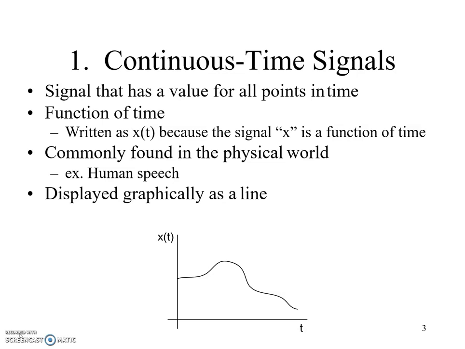If you see the graph, x of t is on the y-axis and time t is on the x-axis. The signal is available for every time, with amplitude on the y-axis. That is about continuous time: both the amplitude and the time domain are continuous.